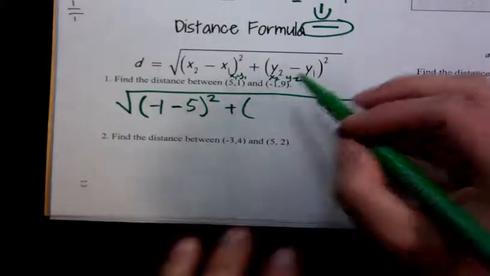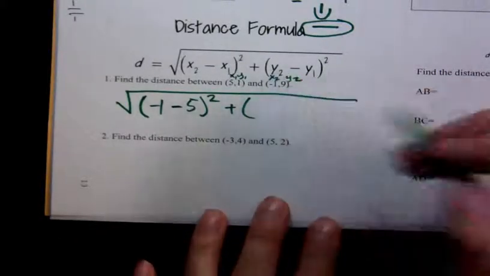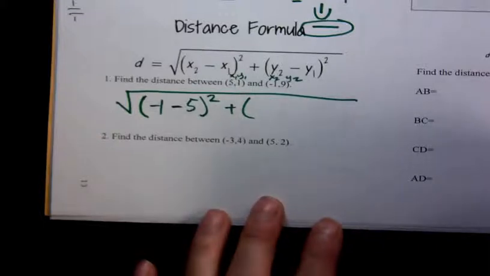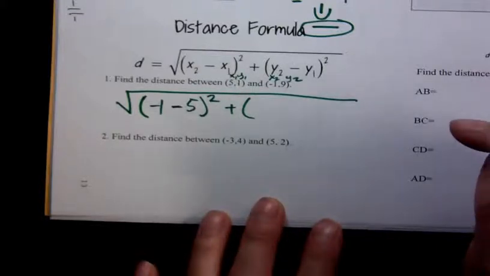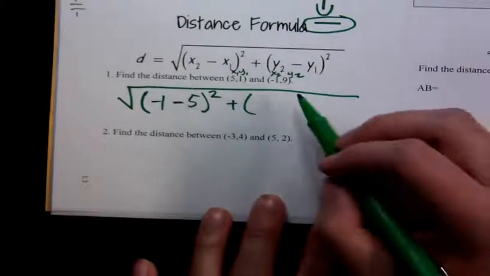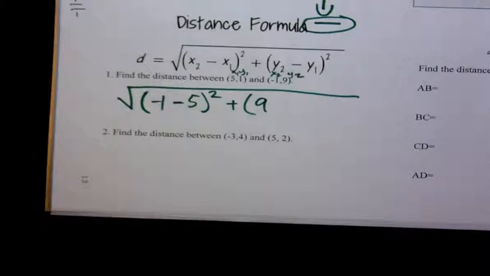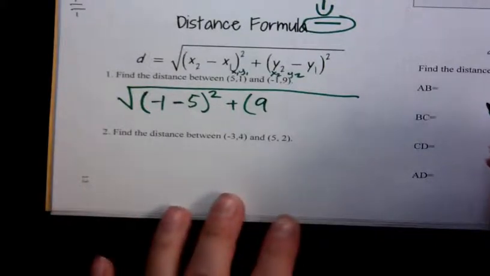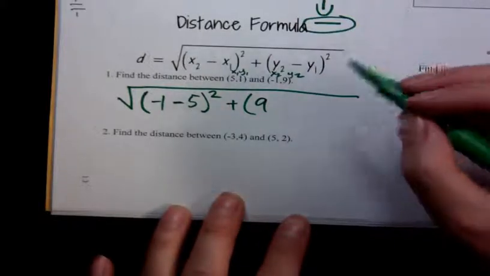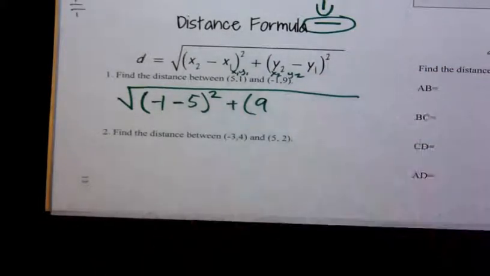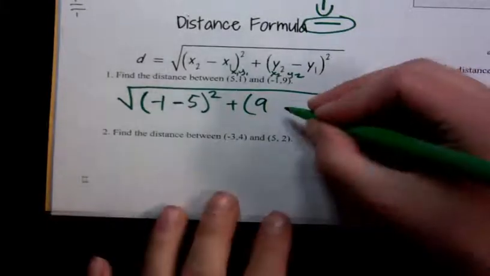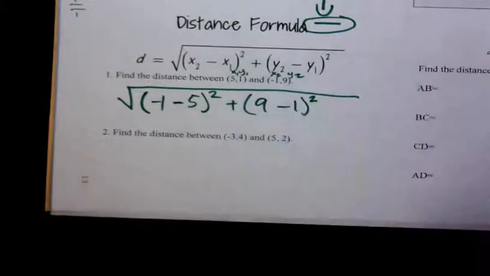What is our y2? Nine. And desk 18, what is our y1? Who's desk 18? Yeah. Okay. So now the thing is, we could work this out by hand, or we can plug the whole thing into the calculator.